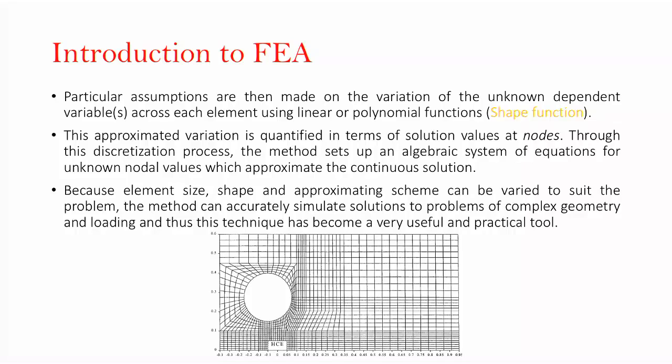By making the elements smaller at those areas, increasing the accuracy. But if you can see, based on the calculation, that at some sections we don't really need a high accuracy, we can just go for coarse elements, which are bigger elements.